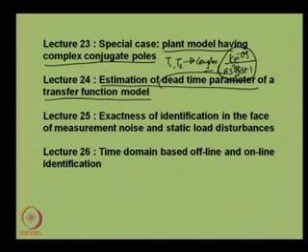Dead time parameter, which is often given as theta in our lectures, can be estimated by some other techniques considering the symmetrical output of the plant subjected to relay feedback, using some derivative of the output signal and zero crossings. We can easily find this unknown parameter of the model transfer functions. So, that will be discussed in lecture 24.